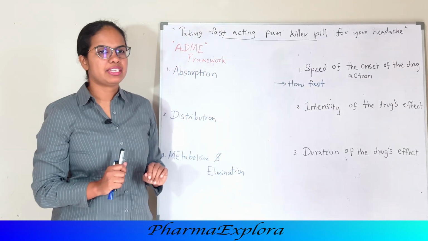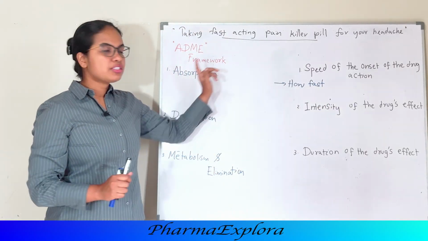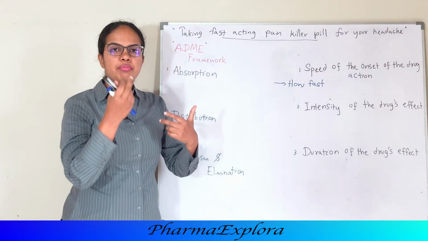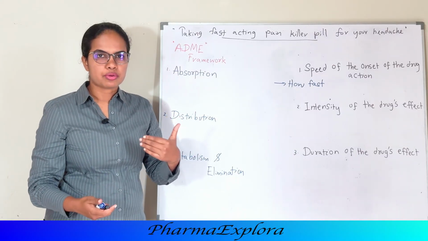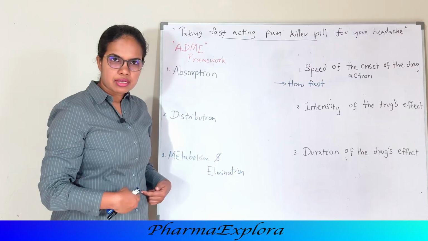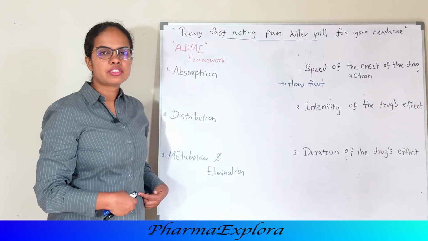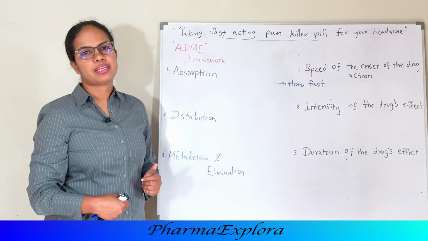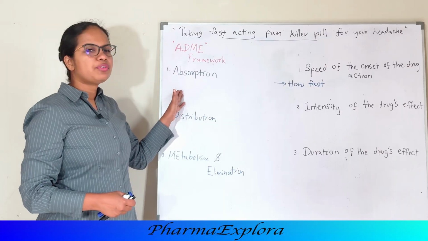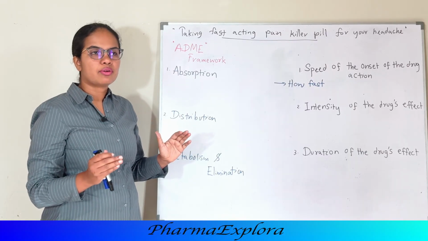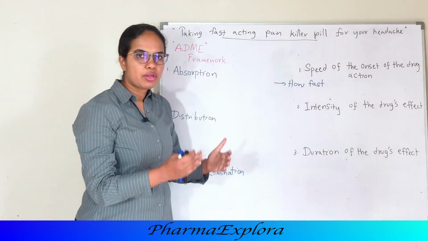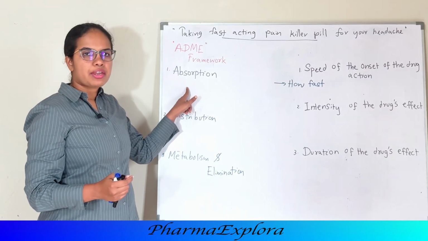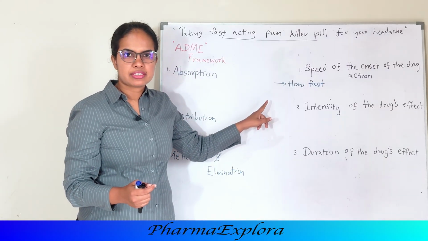So let me explain it again. Once you take the fast acting painkiller medicine through your mouth, it will go to your stomach, dissolve in your stomach and be absorbed into the bloodstream. Absorption we define as the movement of the drug molecule from the site of administration to the bloodstream.